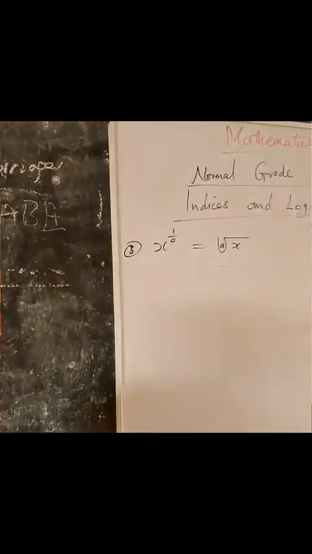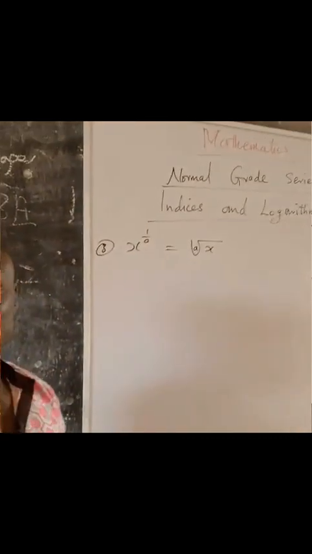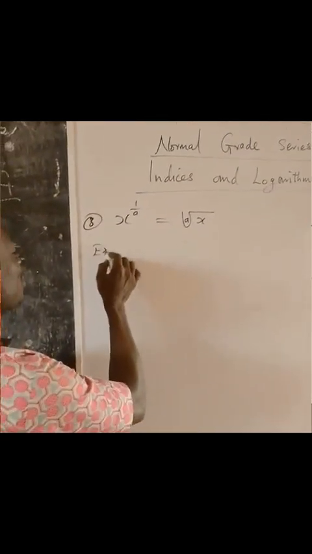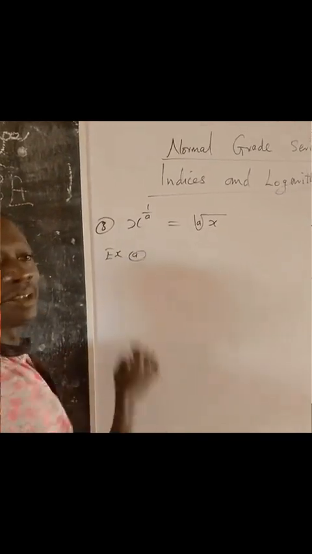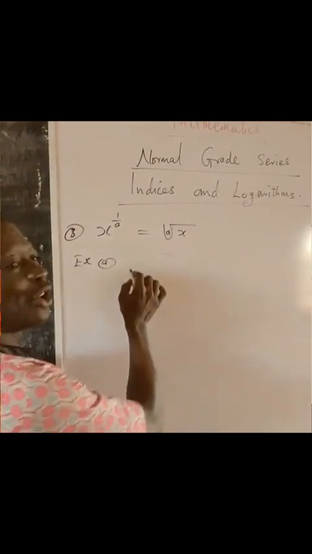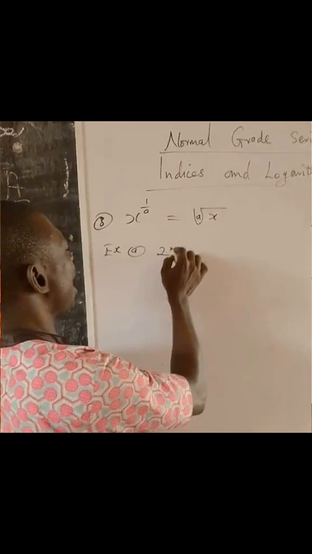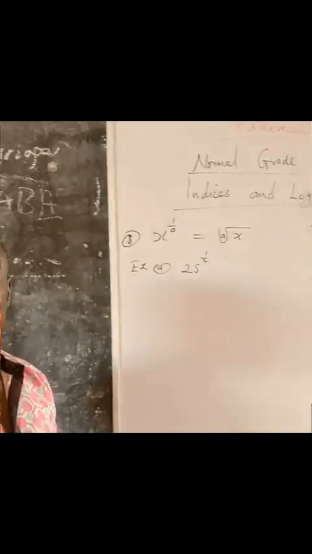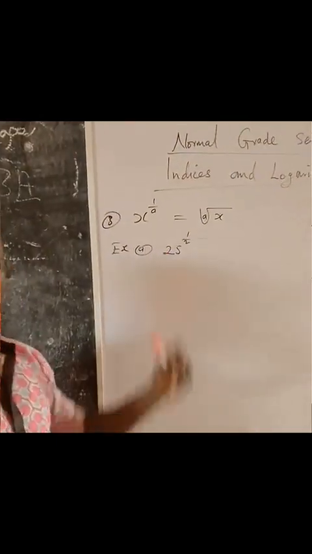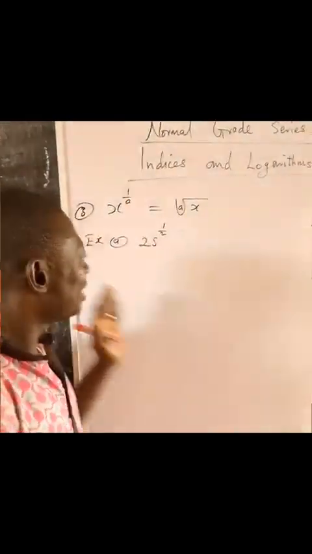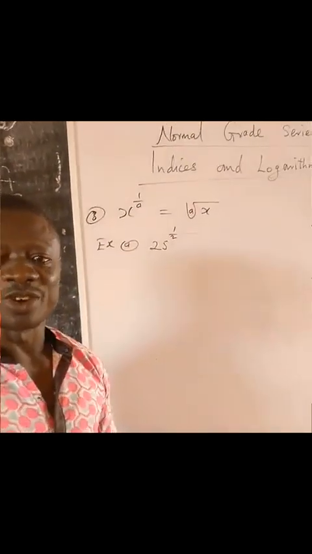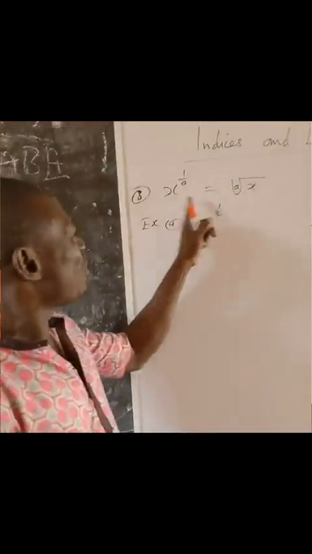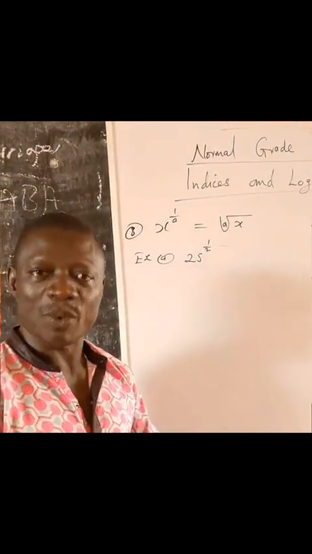Root a of x. That means if you take examples, example A for instance, and we have a number like 25 raised to power 1 over 2. How can we raise 25 to power 1 over 2? We are going to take exactly what this law says that we should take.